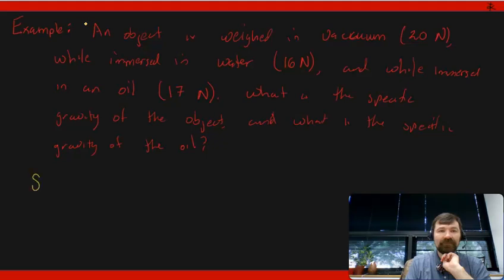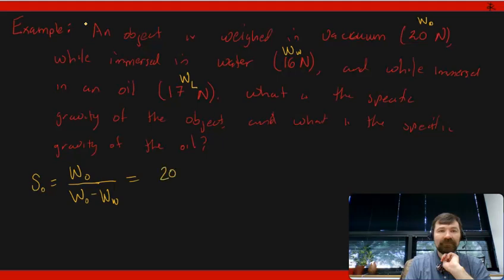So for the object, the specific gravity should be the weight of the object in the vacuum divided by the difference in weight when it is in vacuum versus in water. So this right here would be weight in vacuum. This one right here we can label as weight in water. And this one right here is the weight in the oil, which I'm going to use an L for since I'm already using a 0 for weight in the vacuum.